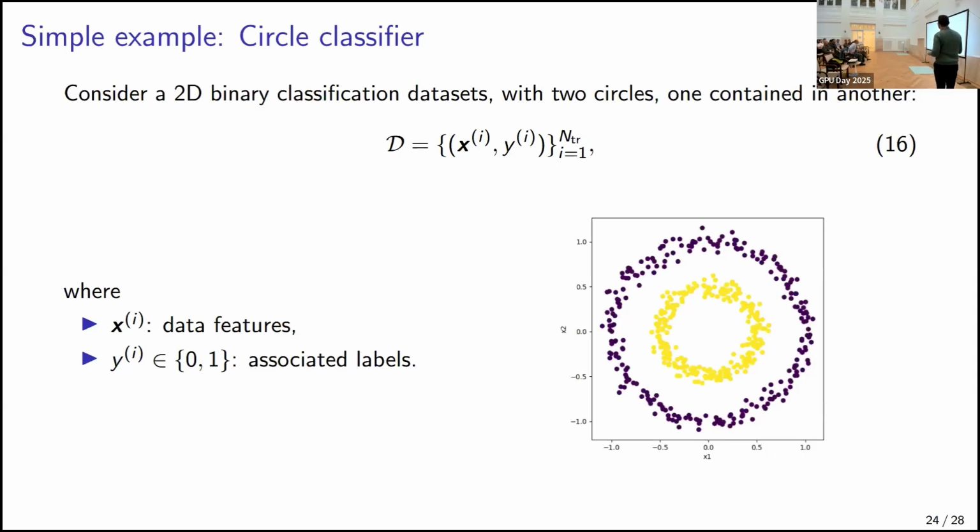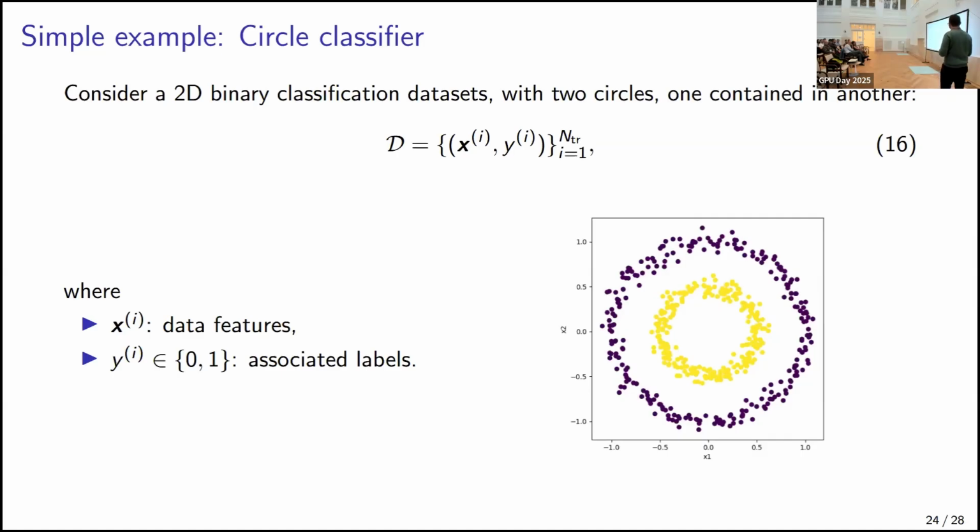We have used this technique for a circle classifier. This is a classification task. I generated an inner circle and an outer circle. They contain each other. And I try to train a continuous variable quantum circuit, which learns, if I give it new data, which circle it belongs to.